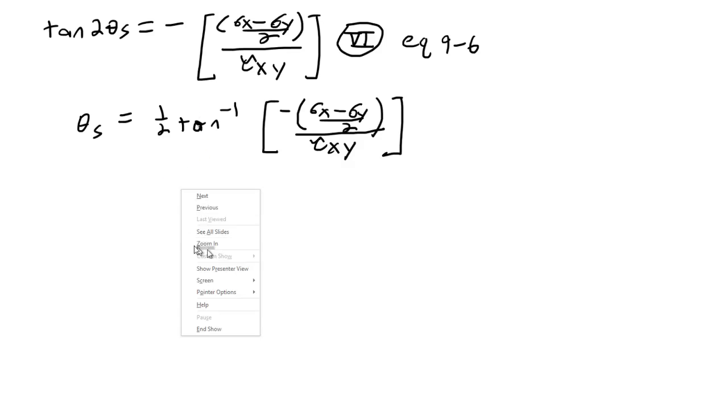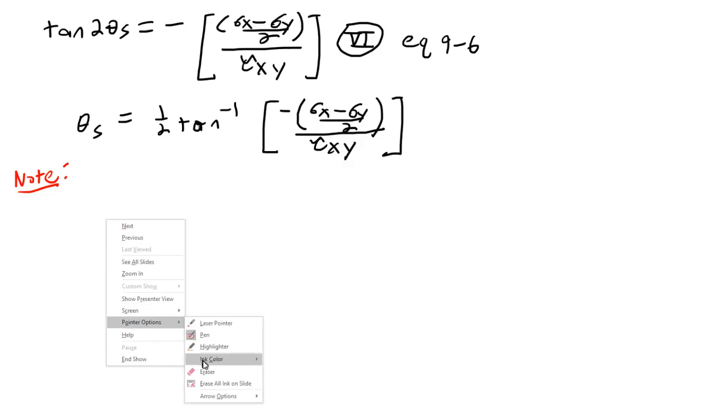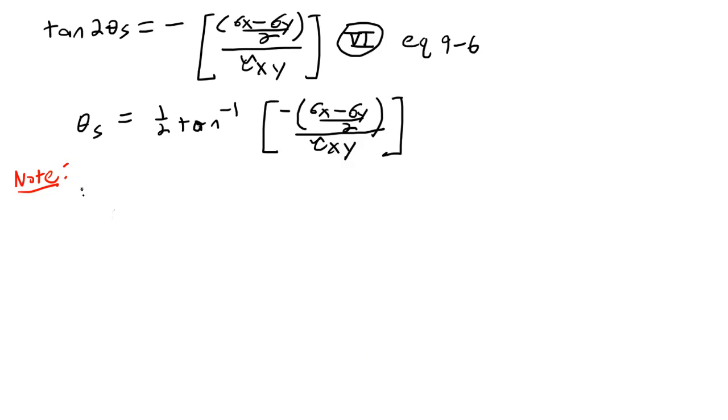All right. Note: since 2 theta p and 2 theta s are negative reciprocals, they are 90 degrees apart.